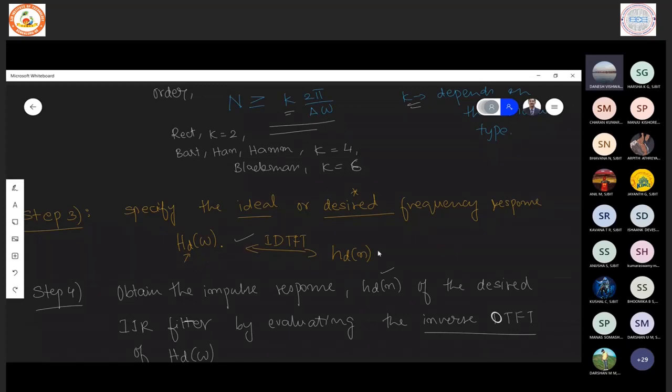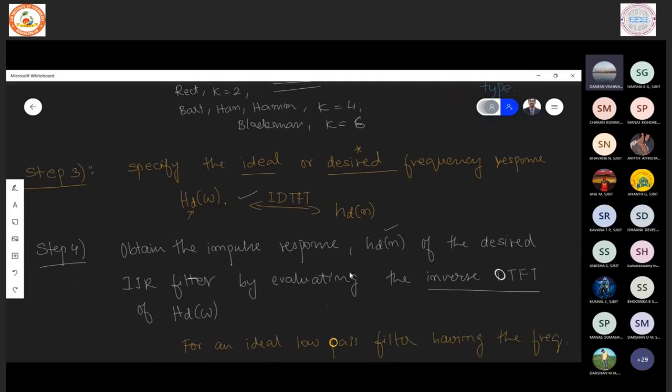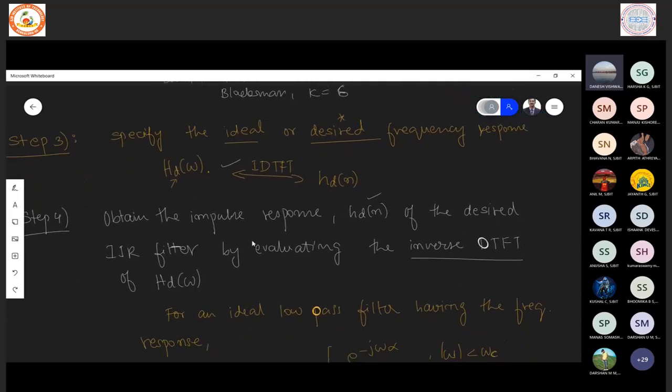Therefore, if you want to find HD of n from HD of omega, we have to go for the inverse discrete time Fourier transform. Already we have seen that integration and the formula. This is for ideal. Next, in step 4, we obtain the impulse response HD of n of the desired IIR filter by evaluating the inverse DTFT of HD of omega.